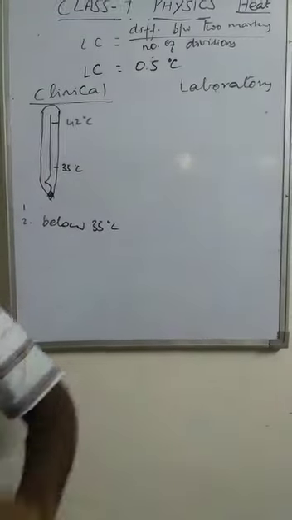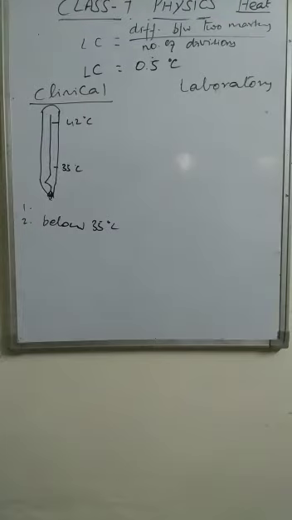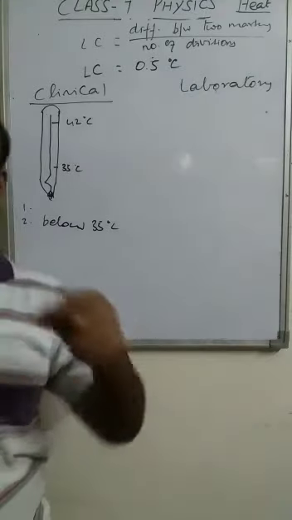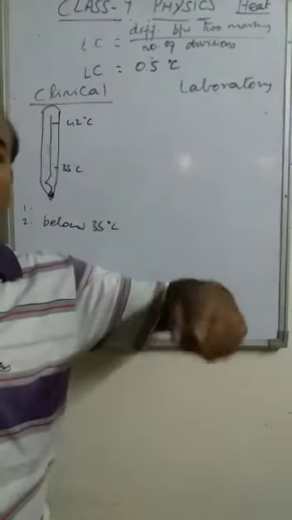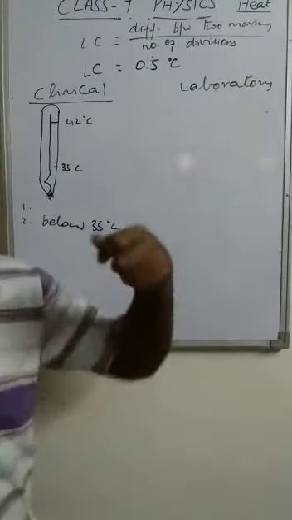If the thermometer already shows a temperature above 35 degrees Celsius, then for that person the temperature will be shown wrong. To correct this, the doctor will give two or more jerks. He will shake the thermometer strongly.